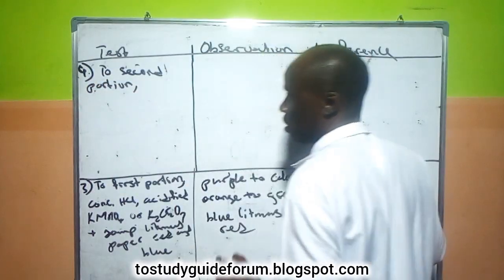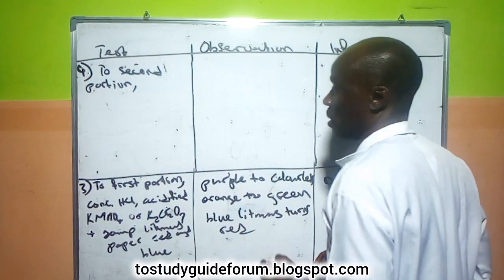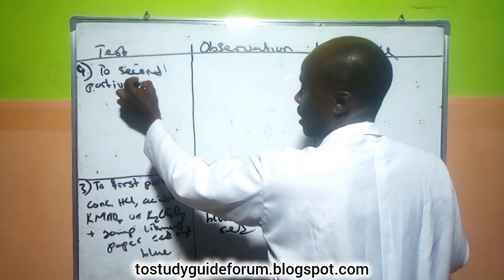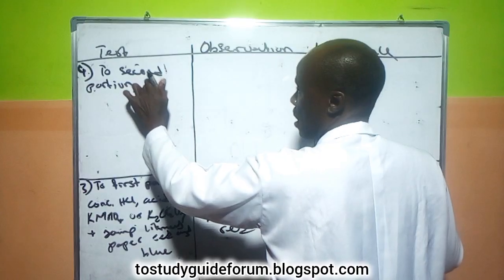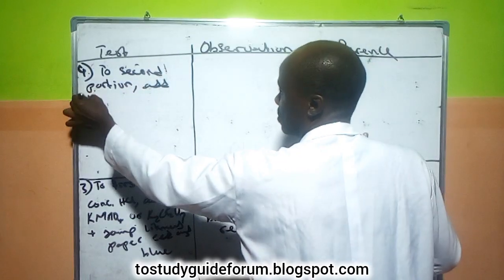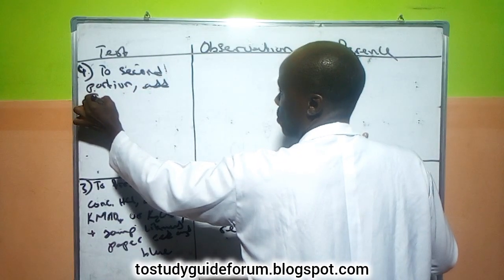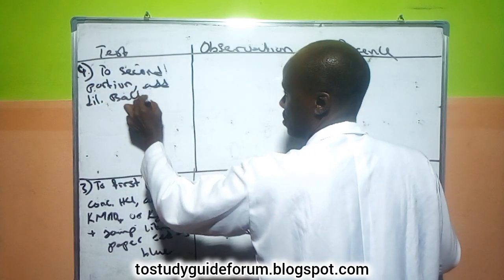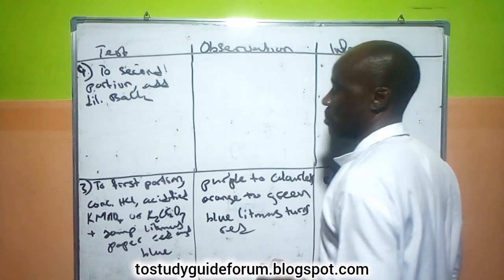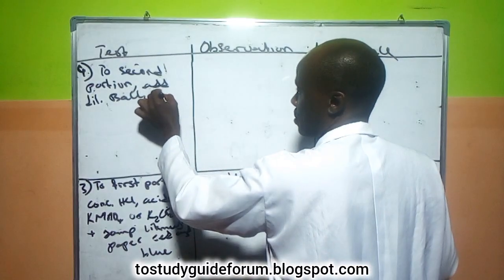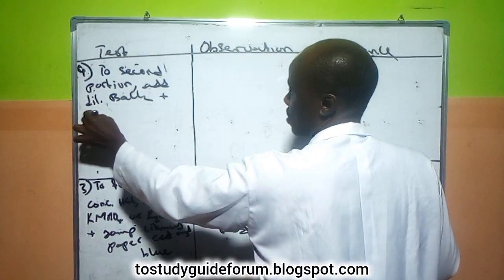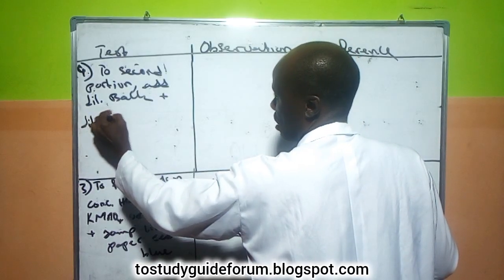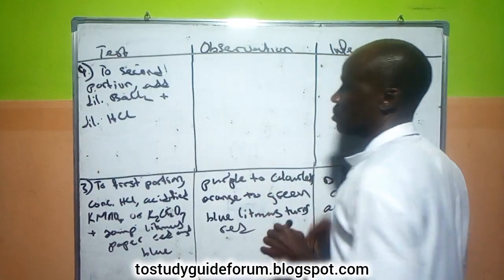So in the second portion, what we'll do is add dilute barium chloride, plus dilute HCl.